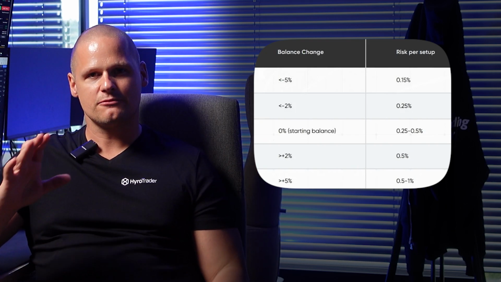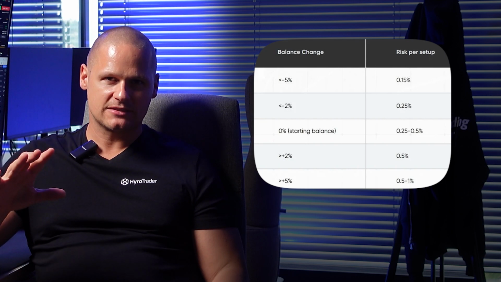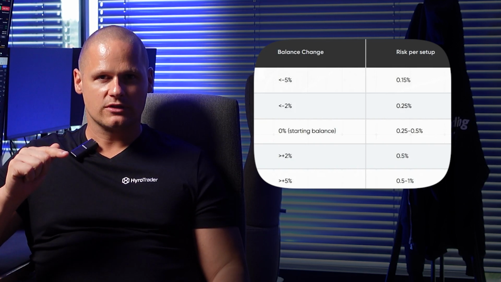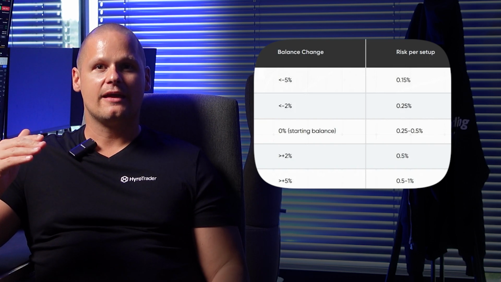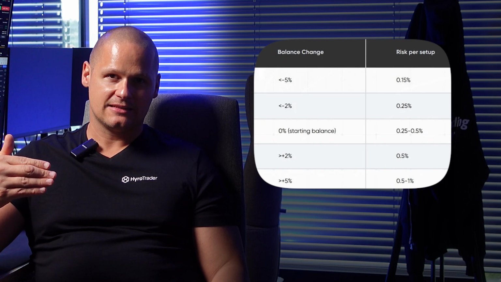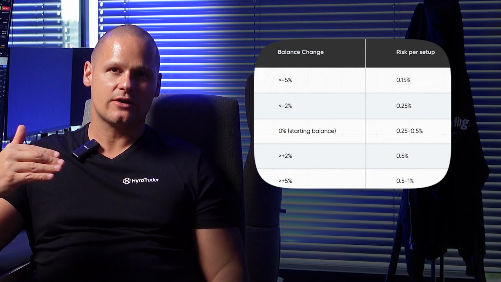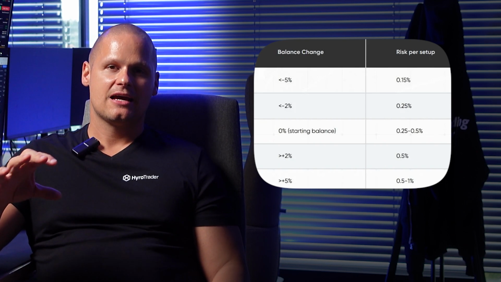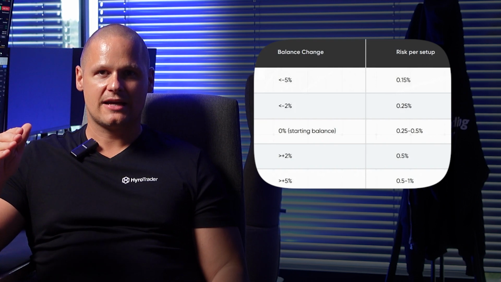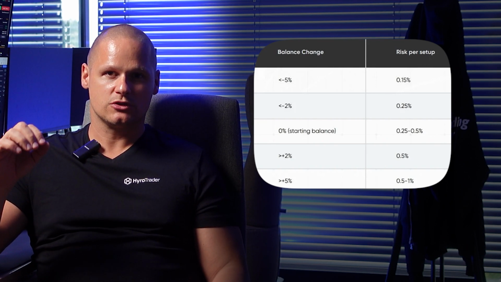So the numbers for our risk management will be as following. You start with the 0.5% risk per trade. If you trade to the drawdown of the 2%, you decrease your risk per trade to the 0.25% per trade. If you trade into the drawdown above 5%, we're not increasing to get out from the drawdown, but we again decrease our risk per trade to the 0.15% per trade until we trade back above the drawdown of 2%.